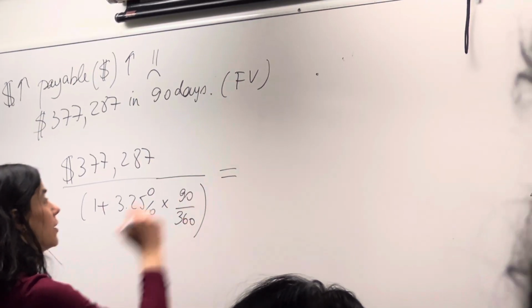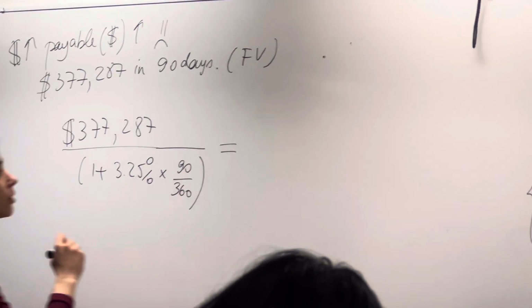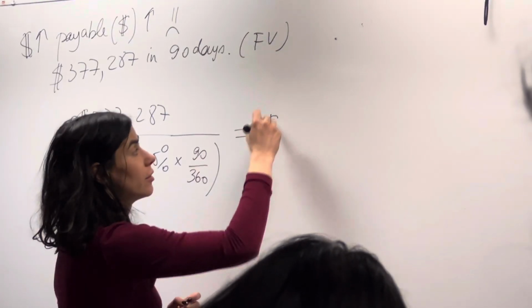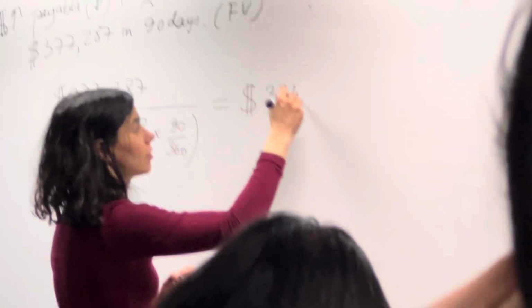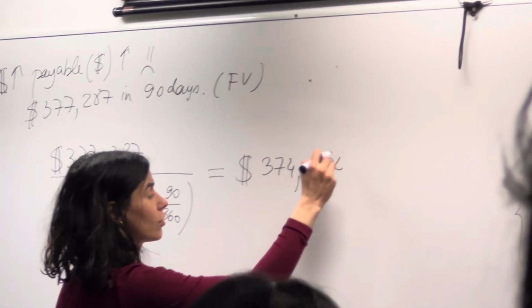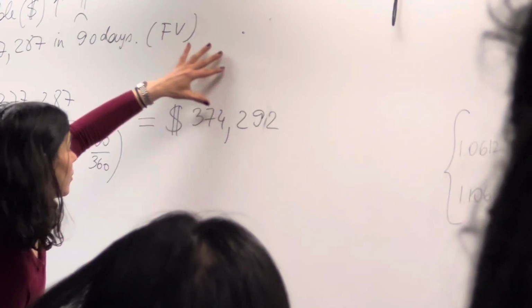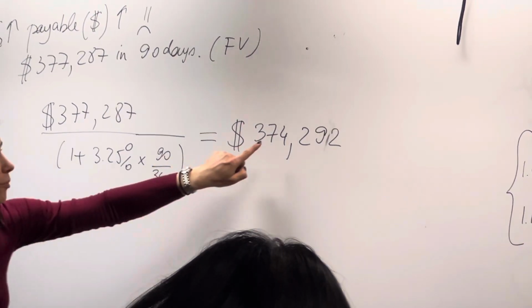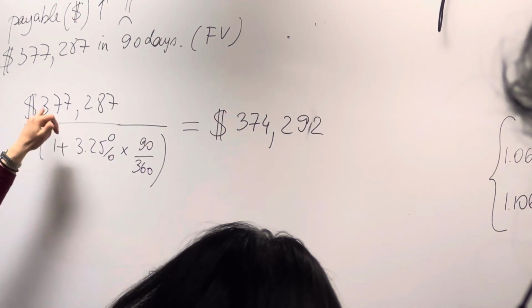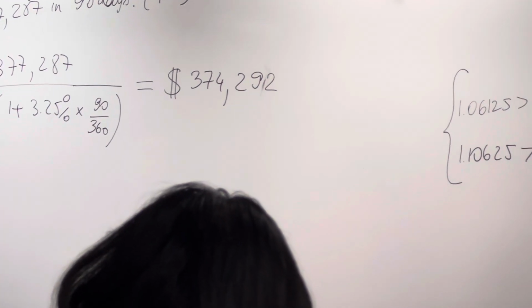So what is this? 374.92. Thank you. So we always know that the present value should be less than the future, because the present value grows to a bigger value in the future.